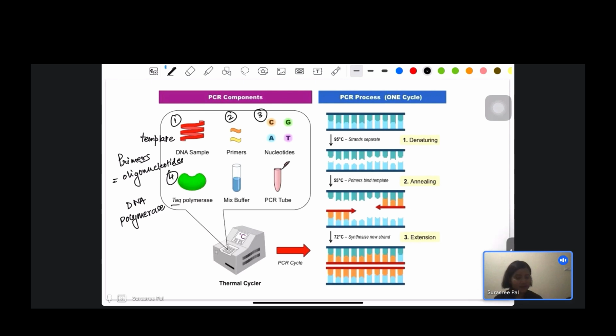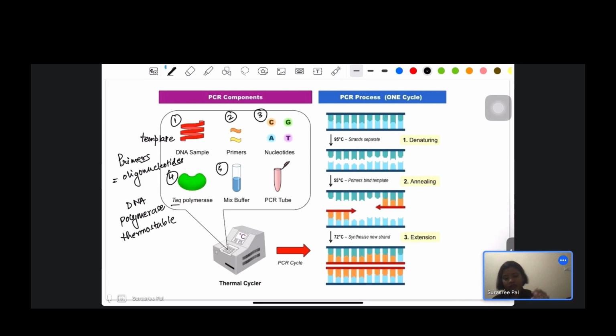Why? Because it is a thermostable DNA polymerase, which means that it is stable at higher temperature. We will discuss Taq polymerase again in detail. And we also have a buffer. This buffer will have the buffer components as well as the required salts.